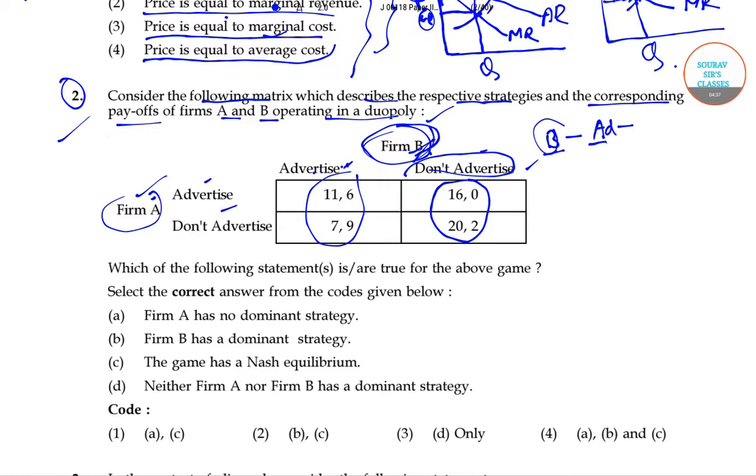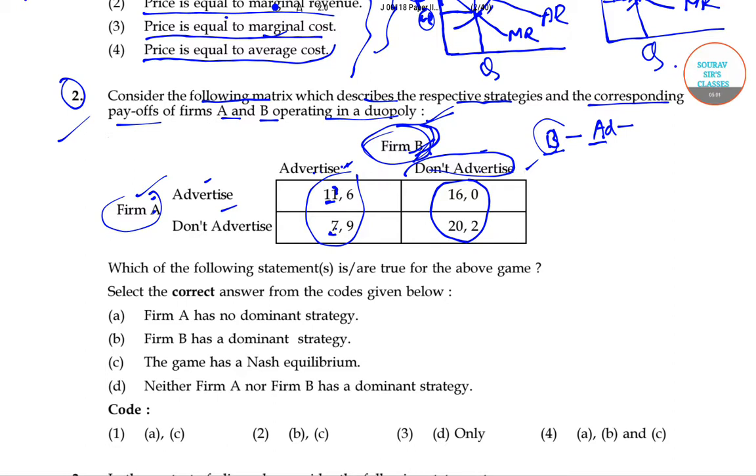So what happens is that firm A has 2 options, either this or this, either 11 or 7. When firm B chooses the first option, firm A will look into these 2 terms, 11 and 7.